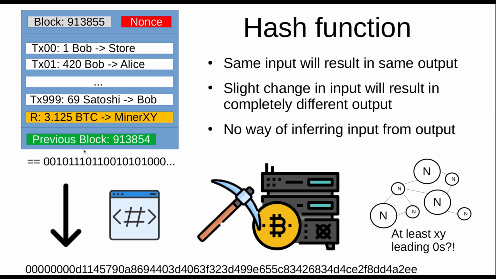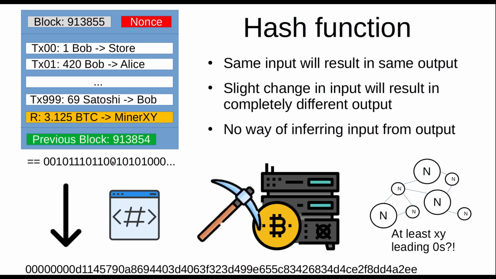You can always put in a certain sequence and get a certain output, but there is no way of figuring out what was put inside the hash function if you only have the output sequence. This means that the miners have no way of predicting which output sequence they will get if they put a random sequence in, right?